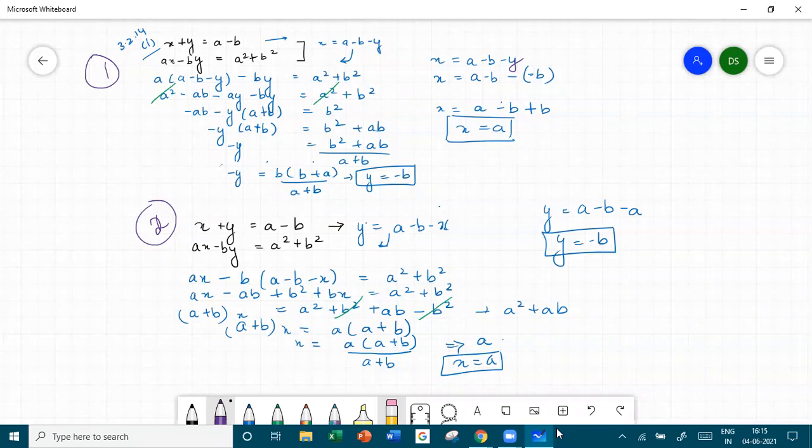So I solved it using both the methods. In the first one, I substituted the value of x, and in the second one, I substituted the value of y. So in both cases, you should get the same answer, right? You need to solve using only one of these. Okay, ma'am. Thank you.